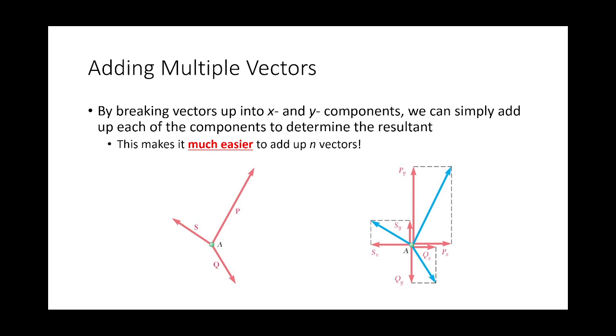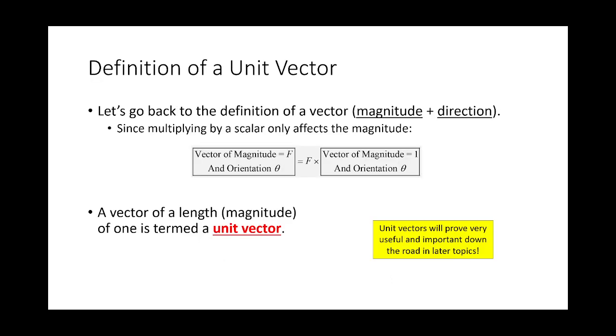Now, before we get into that, I want to explore this concept of magnitude and orientation, or magnitude and direction, a little more deeply, and I want to come up with a definition of something which will be very useful to us, and that's the definition of a unit vector.